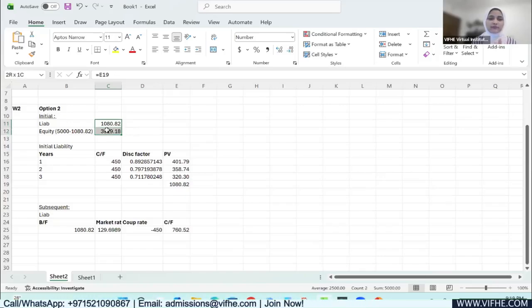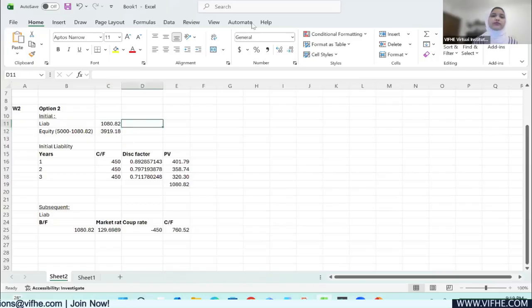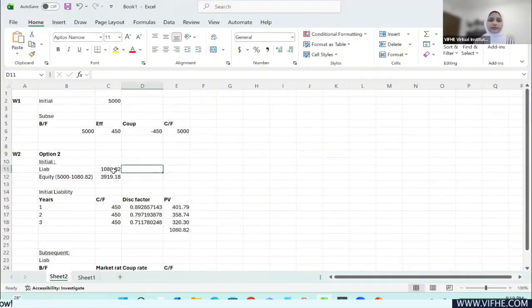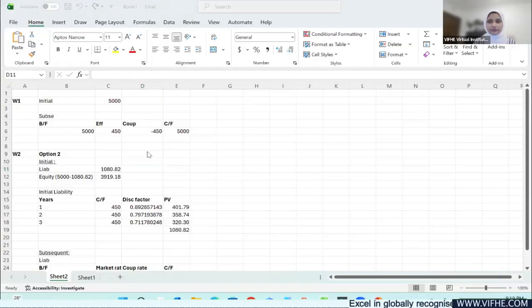So when I issue this compound instrument, do you think the gearing will improve or not improve? Looking at this ratio, yes, it will improve because liability is increasing by a small proportion, equity is increasing by a higher proportion. So it will improve.